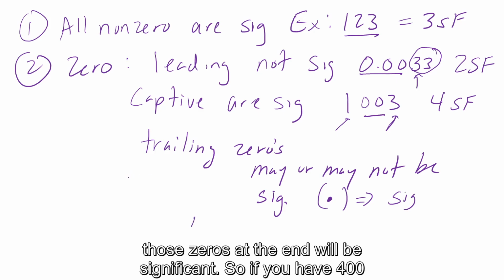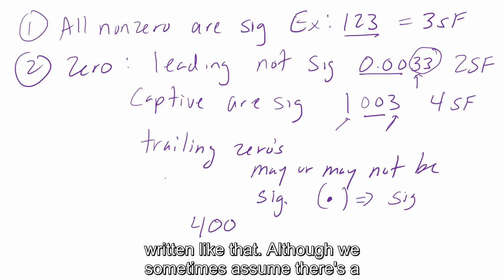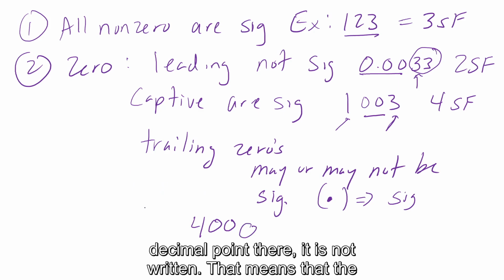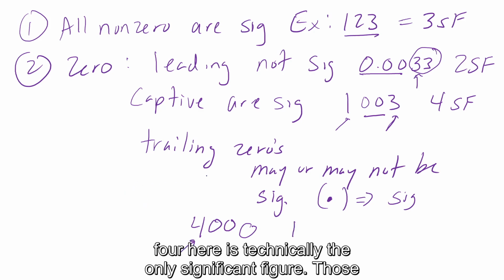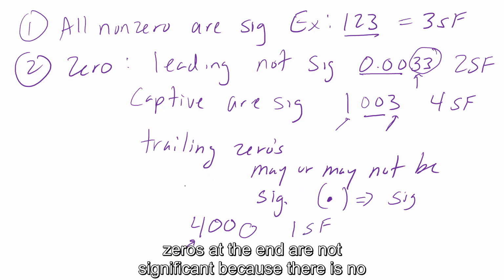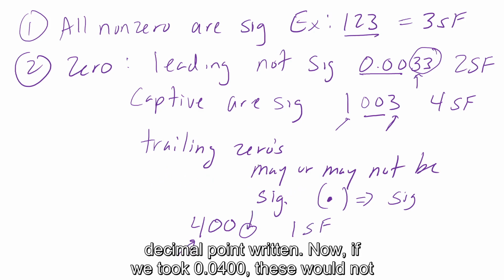So if you have 400 written like that, although we sometimes assume there's a decimal point there, it is not written. That means that the 4 here is technically the only significant figure. Those zeros at the end are not significant because there is no decimal point written.